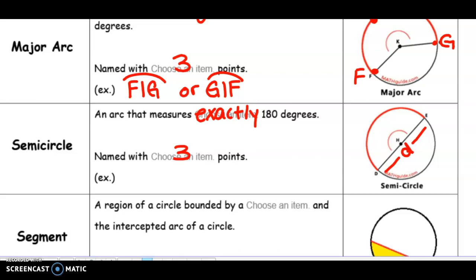So once again, I have my points D and E, but I need at least one more point to name the semicircle. I'm going to use A. So once again, I would name this arc BAE or EAB.